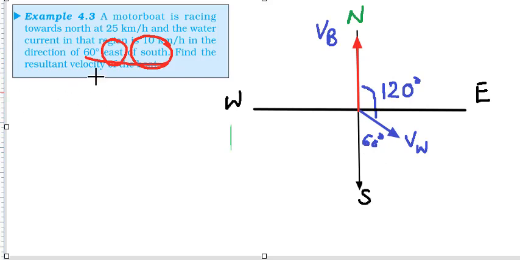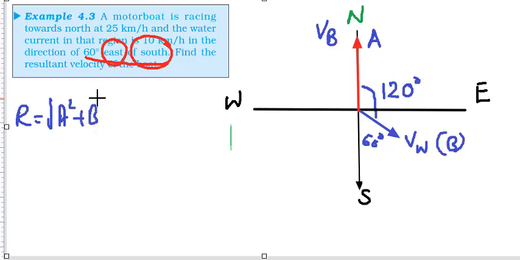Fine. Now which equation are we going to use? We can use the equation for resultant, and for that you can call this first vector A, you can call this vector B. Then you have the equation R is equal to root of A square plus B square plus 2AB cos theta.